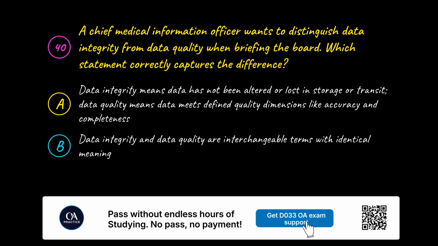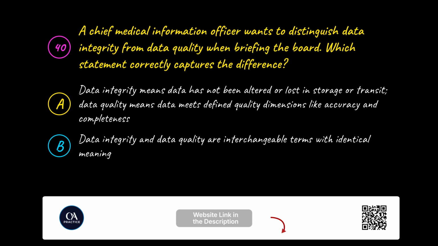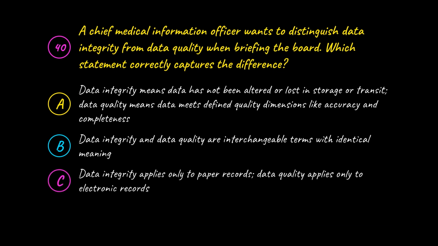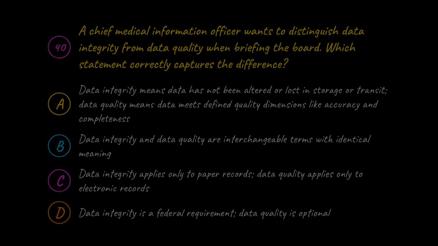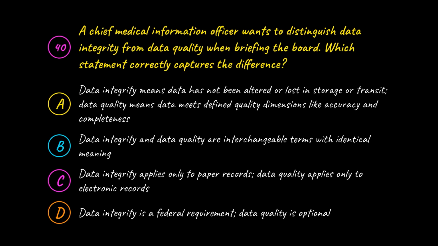B. Data integrity and data quality are interchangeable terms with identical meaning. C. Data integrity applies only to paper records. Data quality applies only to electronic records. D. Data integrity is a federal requirement. Data quality is optional. Got a guess? Lock it in.